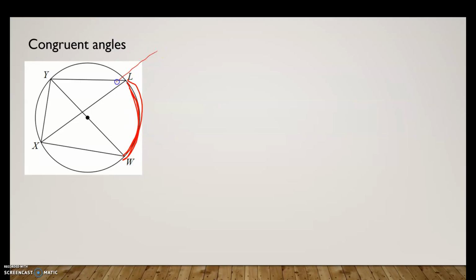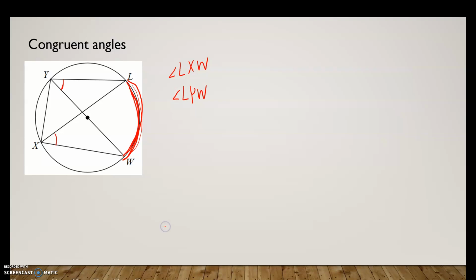Well, that would be this angle down here, which is angle LXW, and also this angle here, which is angle LYW. Both of those, when you open them up, give you the same arc of LW, which means this angle here and this angle here are going to be congruent. The same value because they open up to the exact same arc.